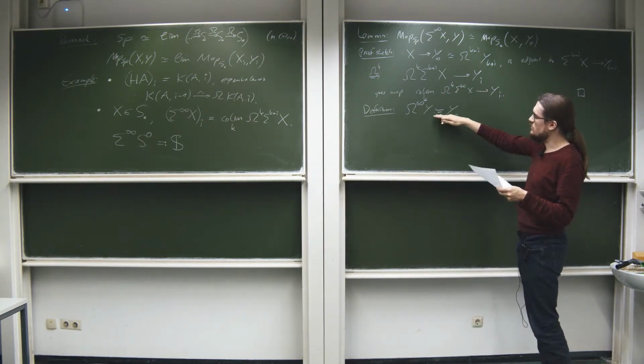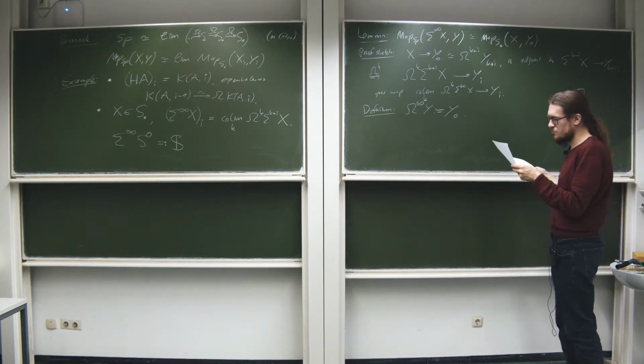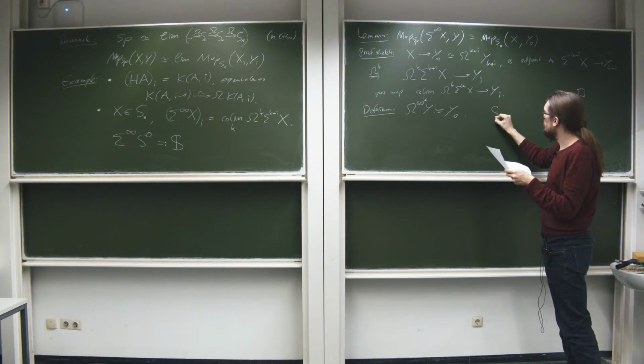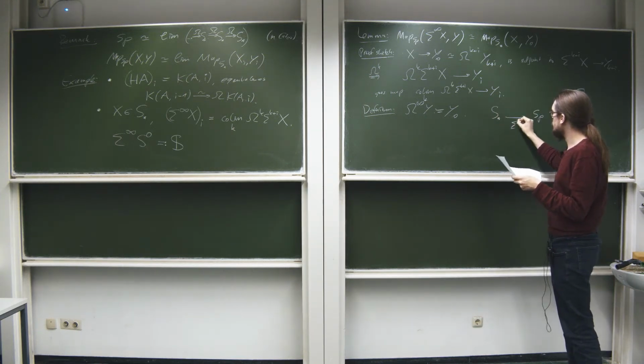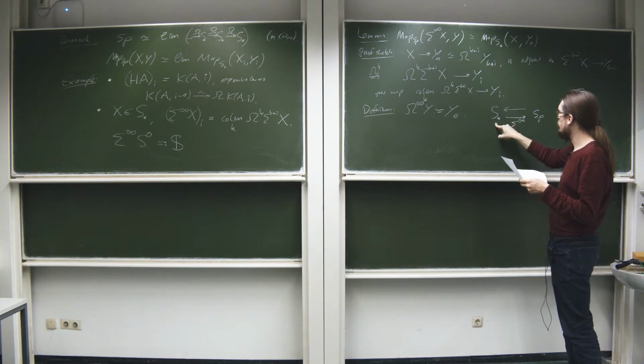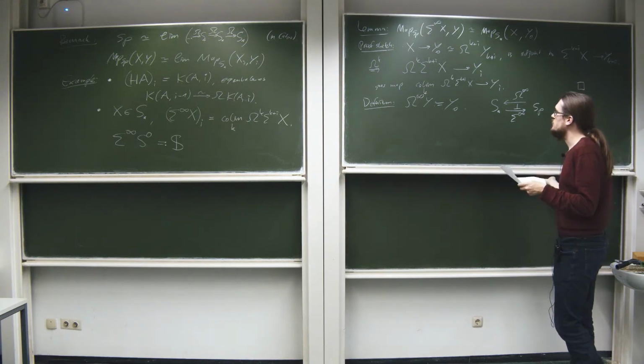So in terms of that, this lemma that we just proof sketched boils down to saying that the functor sigma infinity from pointed spaces to spectra is left adjoint to the functor omega infinity.